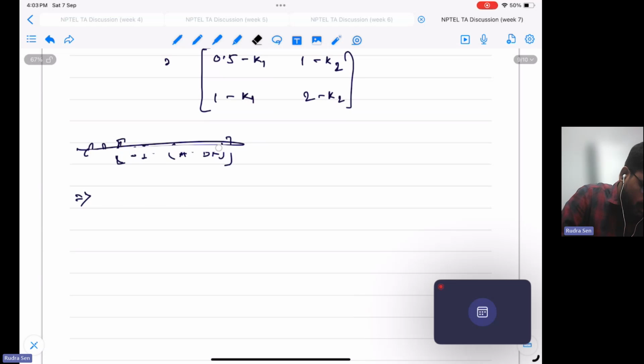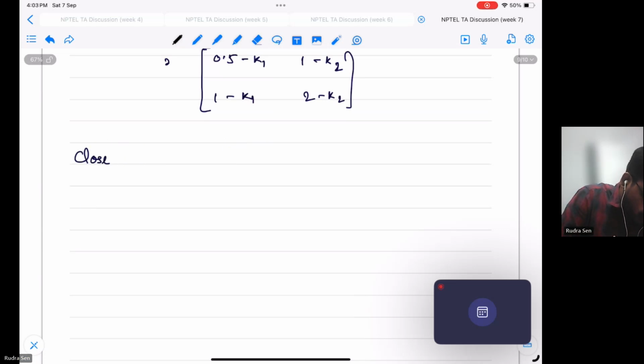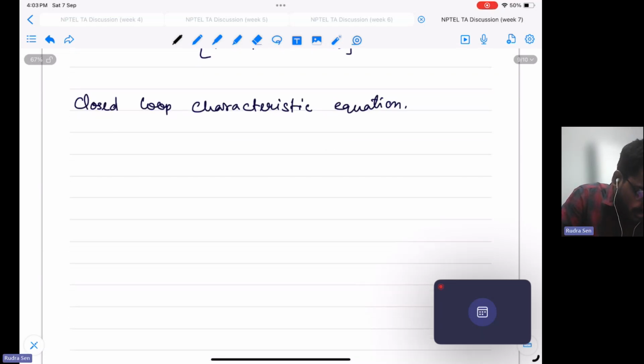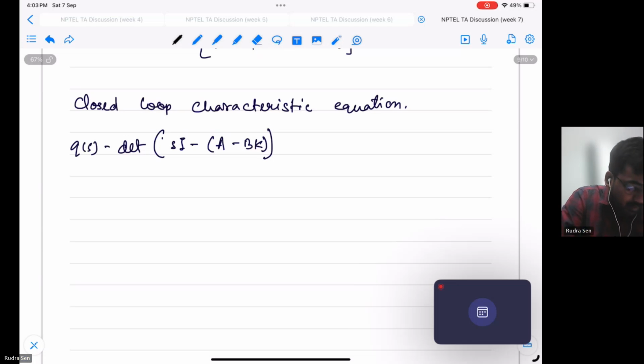So write it that way: the closed loop characteristic equation is the determinant of sI minus (A minus BK), let's say Q of s.